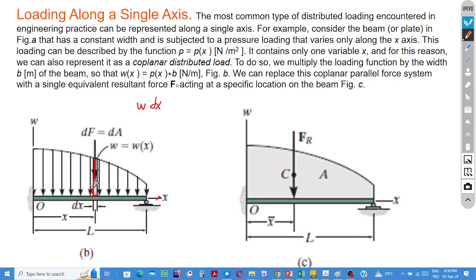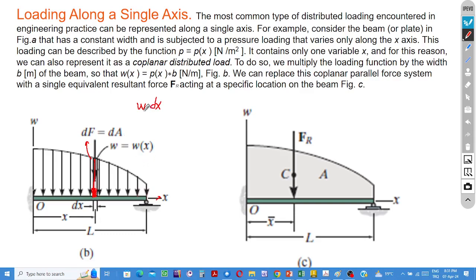Here, at that point, due to the existence of the distributed load, we have such an infinitesimally small force. Its magnitude is equal to the value of the load at this point times the width of the selected segment over the contact surface.